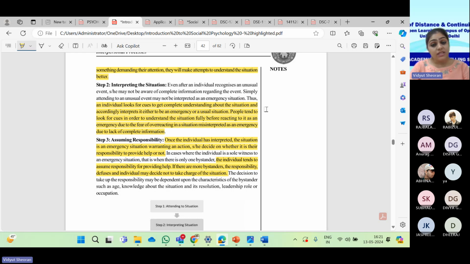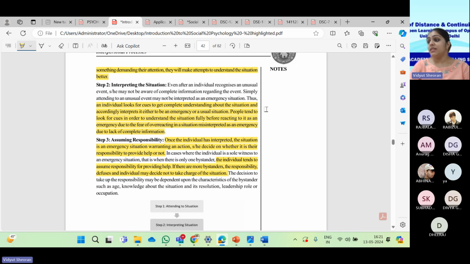If there are more bystanders, the responsibility diffuses. Bystanders means people around you in that emergency situation. If you are alone, certainly you will help because you have no other option. But if there are more people around you, that will lead to social loafing.